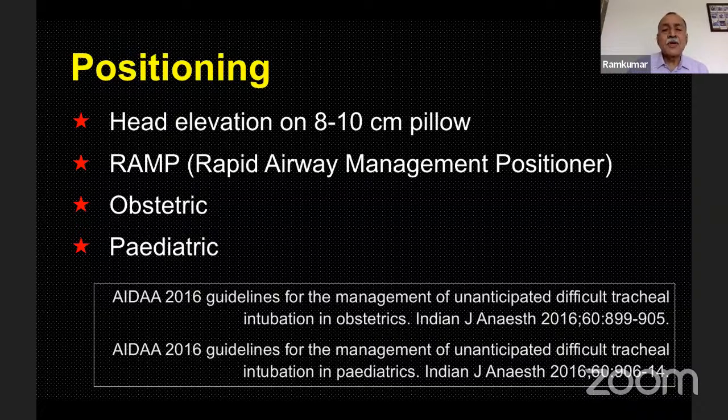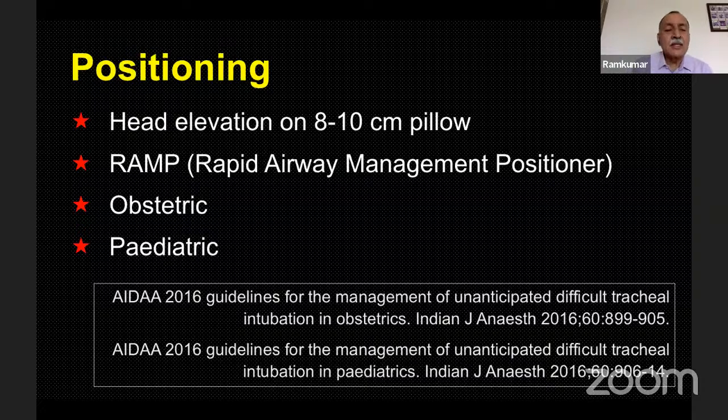A head elevation of around 8 to 10 centimeters is essential. Most of us use a head ring to elevate the head of the patient to about 8 to 10 centimeters above the level of the shoulder. So the shoulders resting on the table, the head should be about 8 to 10 centimeters above the level of the shoulder. This is the typical position in which we start our airway management.